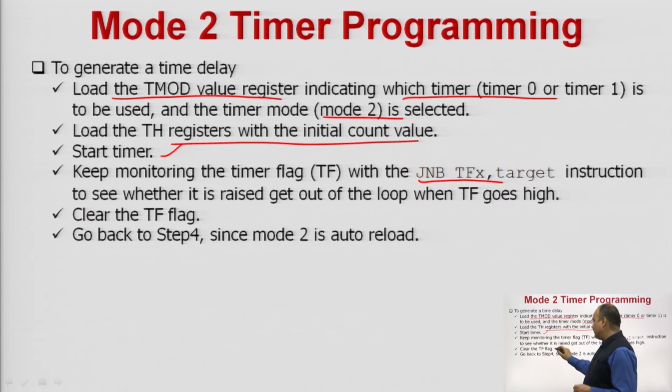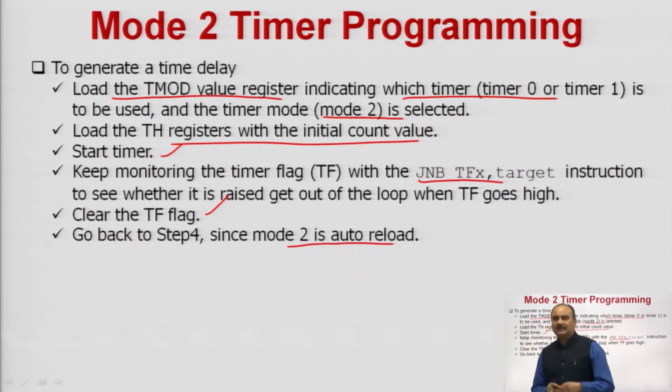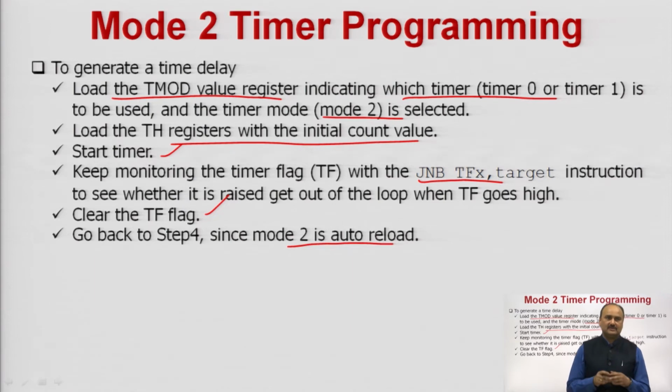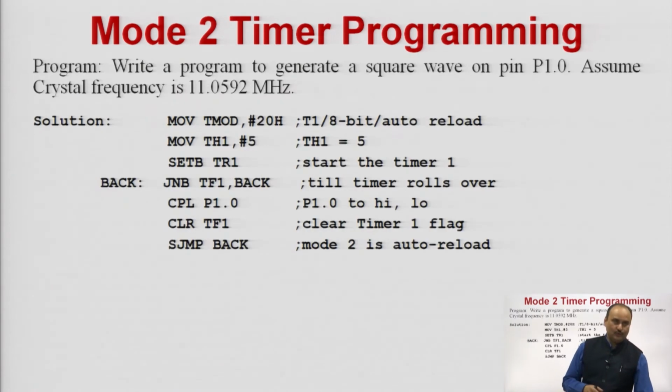Then clear the timer flag and go back to step 4, because it is auto reload mode. Since mode 2 is auto reload, we directly start the timer with the help of the instruction. So these are the basic steps to follow during timer programming in mode 2.